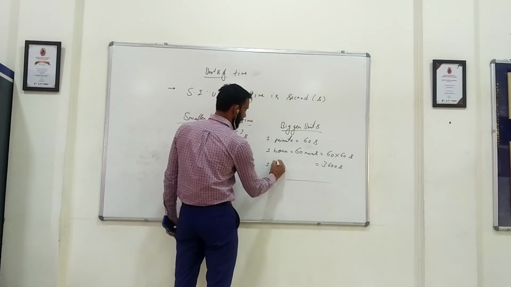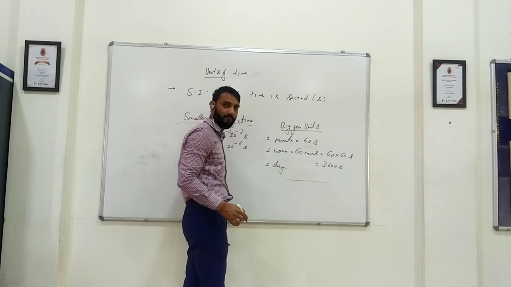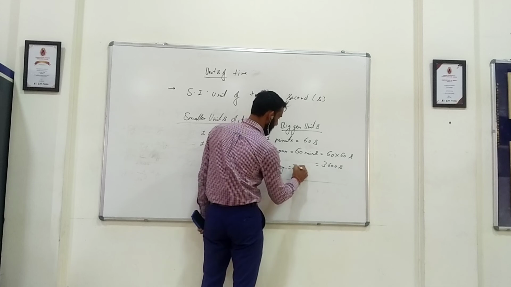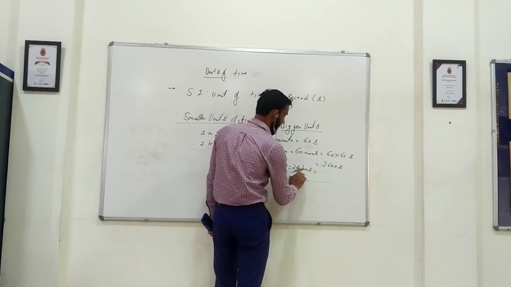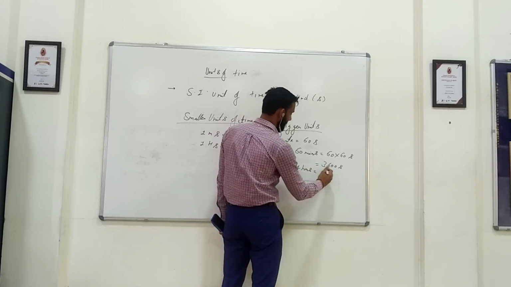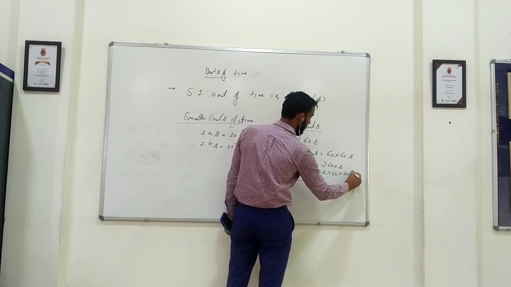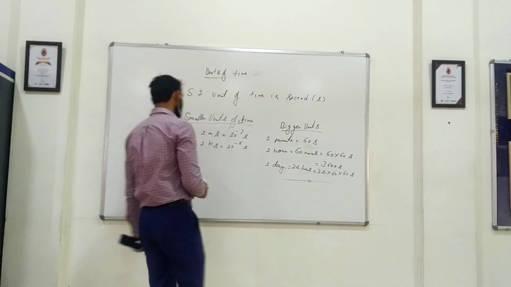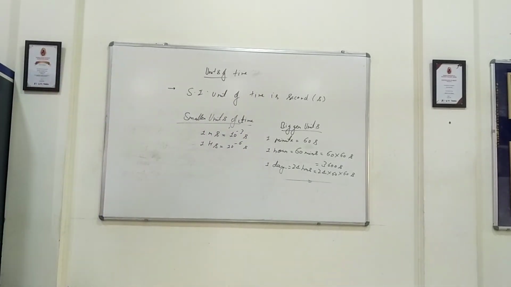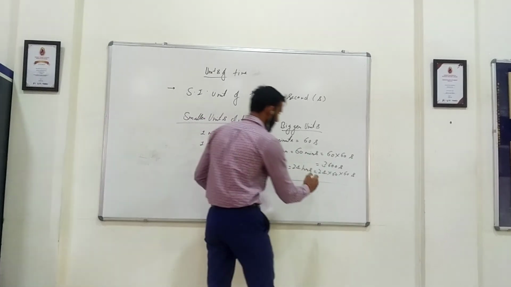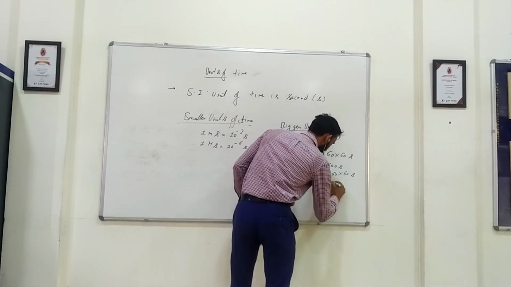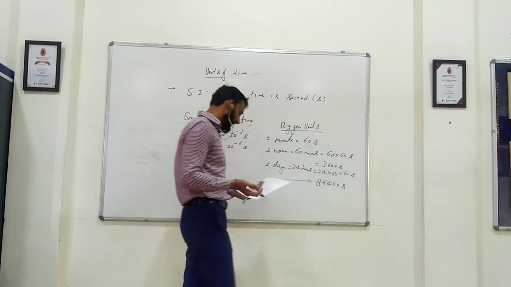Then a bigger unit, 1 day, which is equal to 24 hours. And then it will be equal to 24 into 60 minutes, and then into 60 seconds. If you solve it, you will get 86400 seconds.